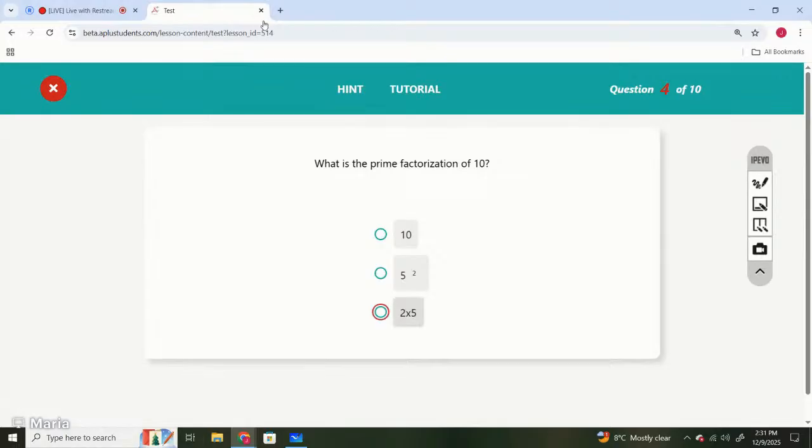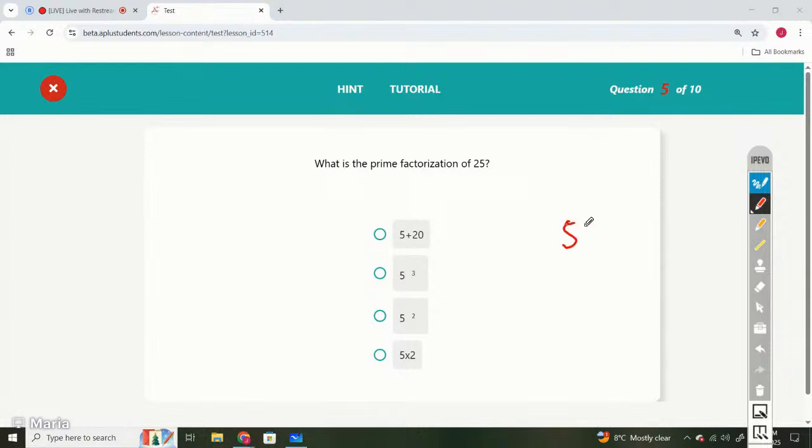Option number 3 is the correct option. What is the prime factorization of 25? That is 5 times 5, right?